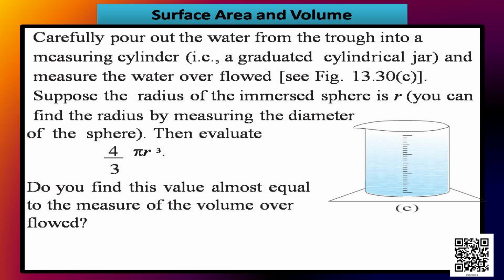You can see figure 13.30c. Suppose the radius of the immersed sphere is r, and you can find the radius by measuring the diameter of the sphere. Then evaluate 4 by 3 pi r cube. What do you find? You will find this value almost equal to the measure of the volume overflowed.